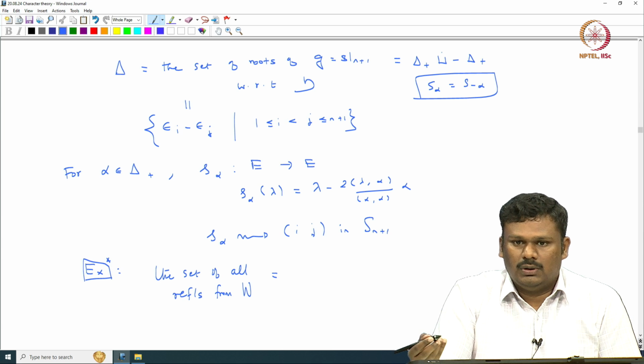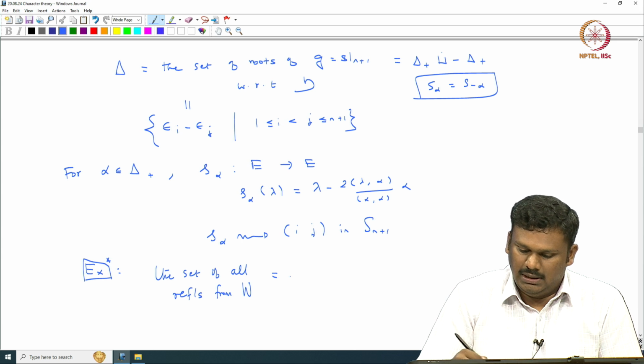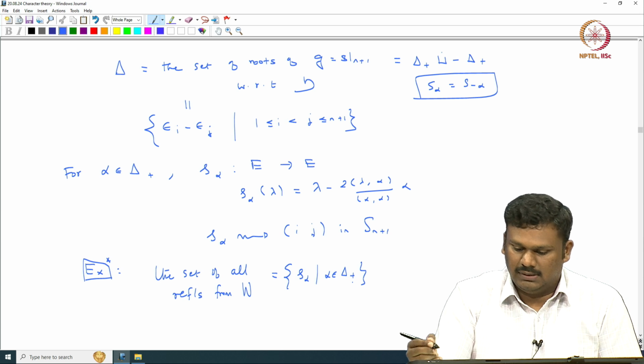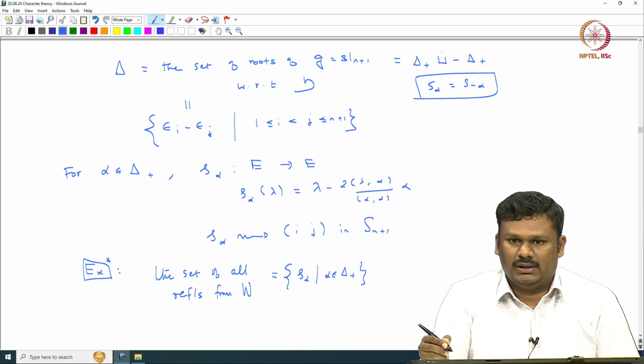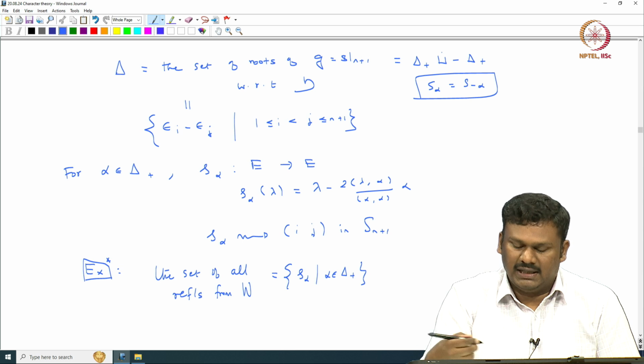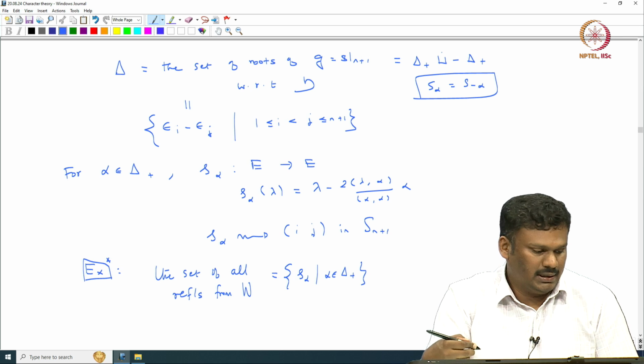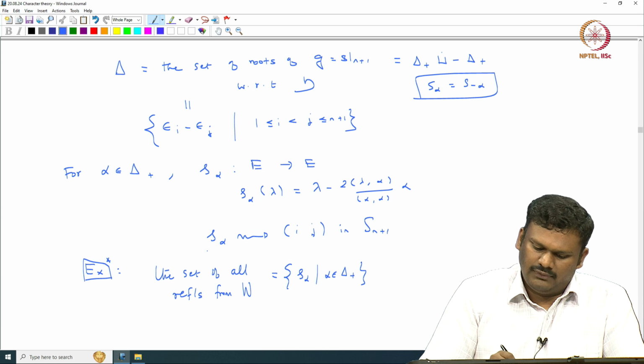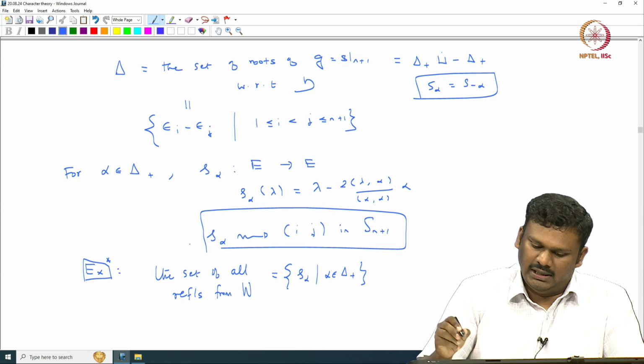So, we can talk about all possible reflections that come from W. This must be equal to the set of S_alpha with alpha from Delta^+. This is actually a somewhat non-trivial fact to prove. Anyway, this fact is not needed, I am just quoting it here as an exercise. So, here we have a very explicit identification.